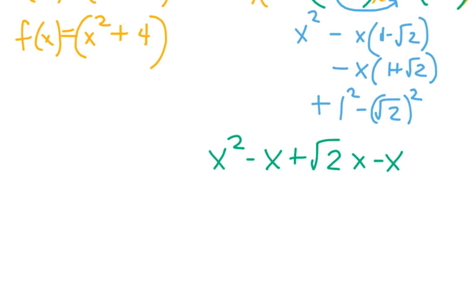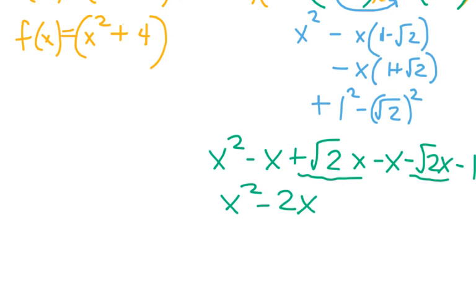Minus x minus root 2x, and then 1 squared minus 2 is minus 1. So this is now x squared minus 2x, because this positive root 2x and this negative root 2x cancel out. The negative x and the negative x make a negative 2x, minus 1.